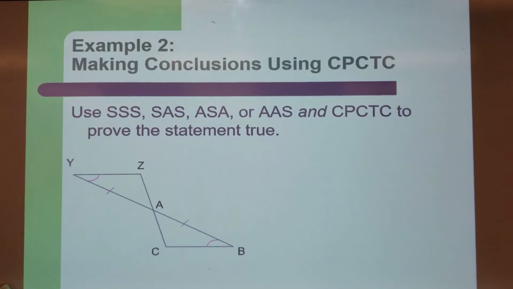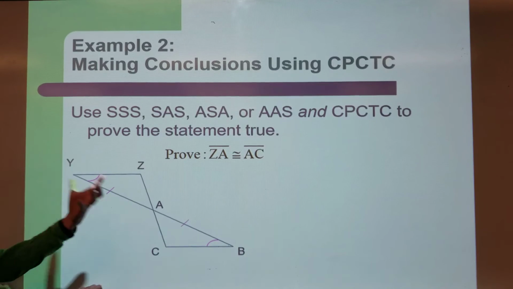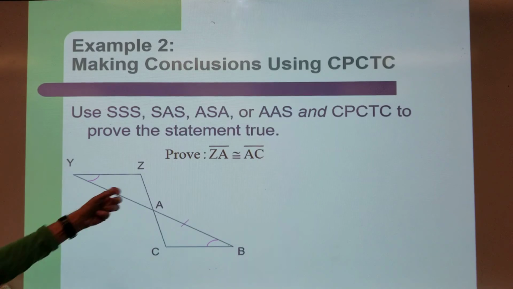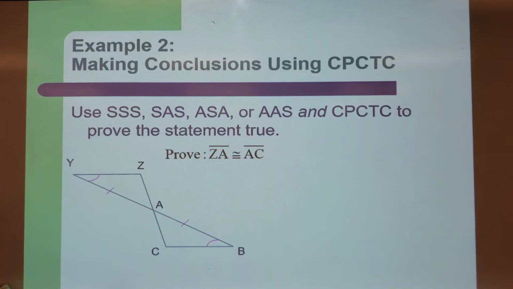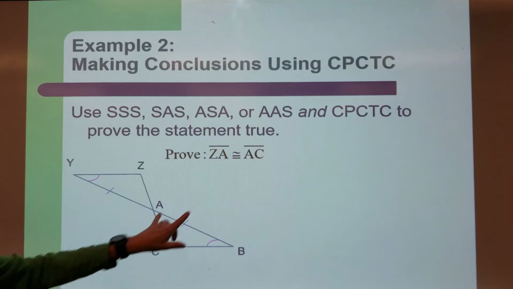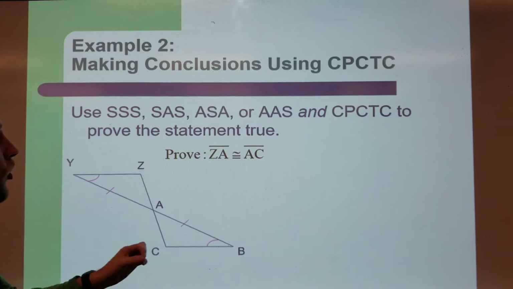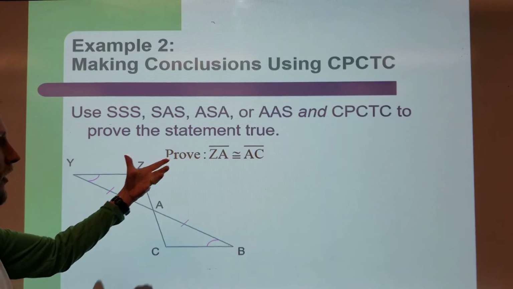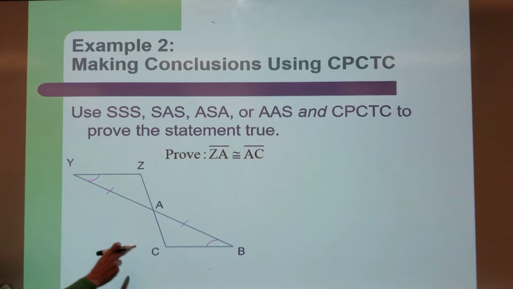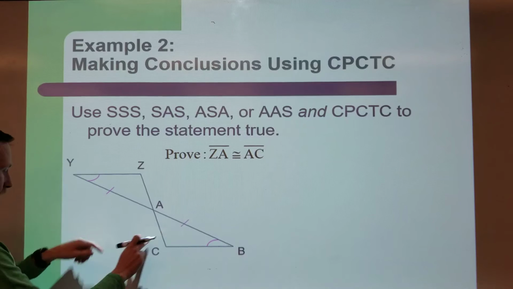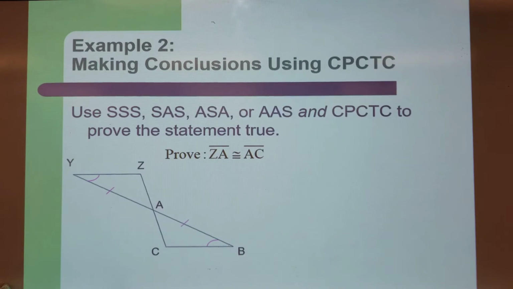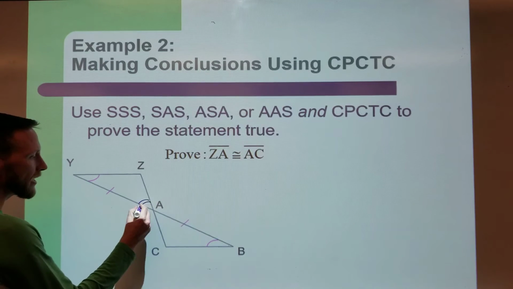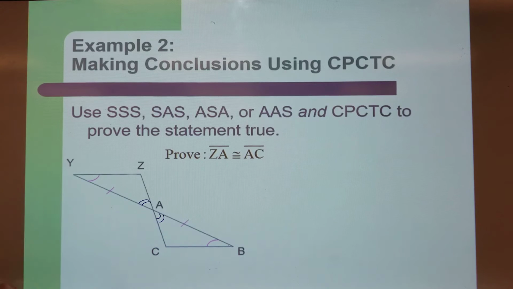Moving on to the next example. Same idea. Here we're going to use a secret shortcut, one of these 4, to prove that these triangles are congruent. And then our last statement will be that these segments are congruent using CPCTC, or the definition of congruent triangles. We should note that we are given this information. We're going to have one additional step here to say that these angles are congruent by the vertical angles theorem.